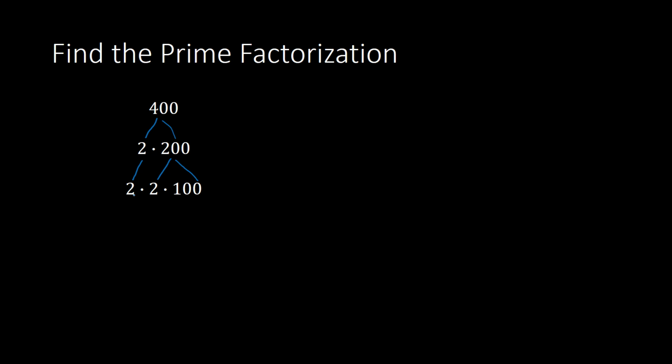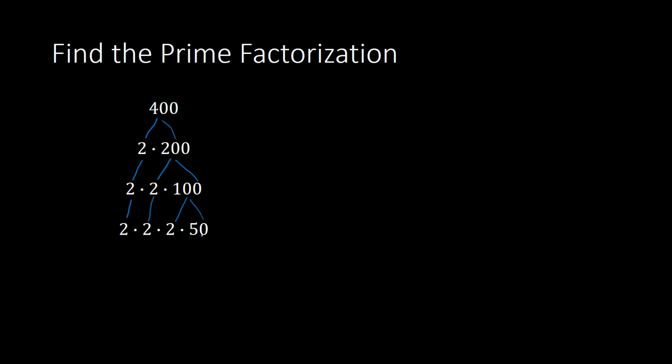So now we have 2 2's, which are both prime numbers, and we have 100, which is still not prime yet. So then we break apart 100 again, and we can think of that as 2 times 50. So we carry down these 2's, then this 100 we break apart as 2 times the 50. So now we have 3 2's that are all prime, but we still have this 50 that is not prime yet.